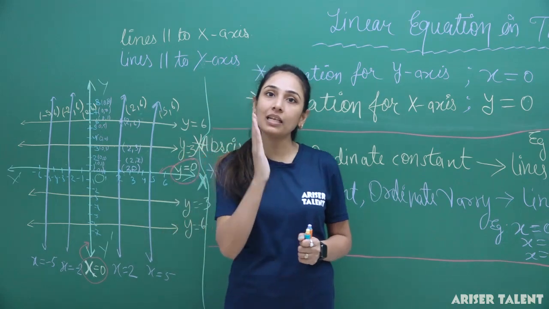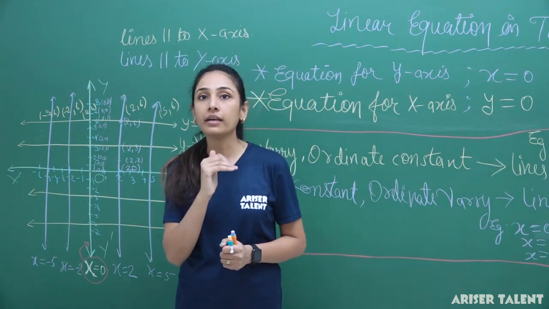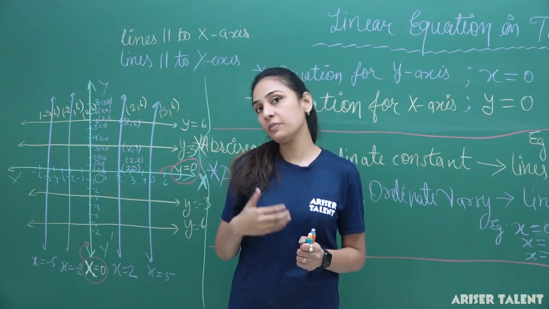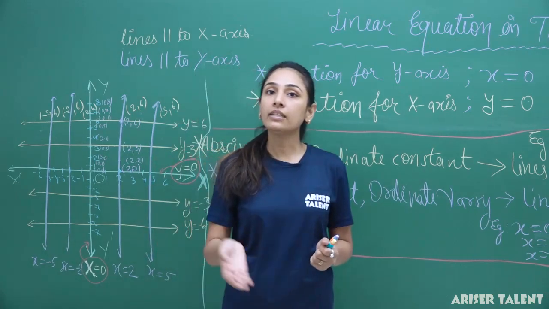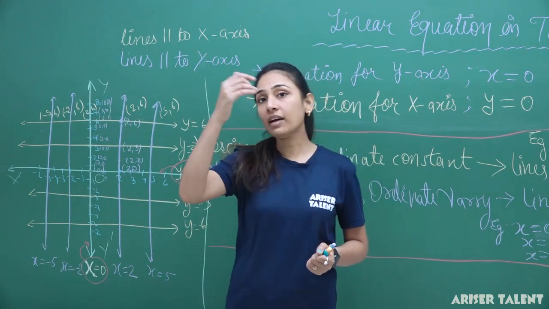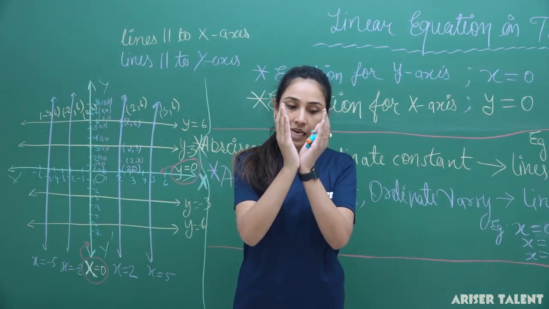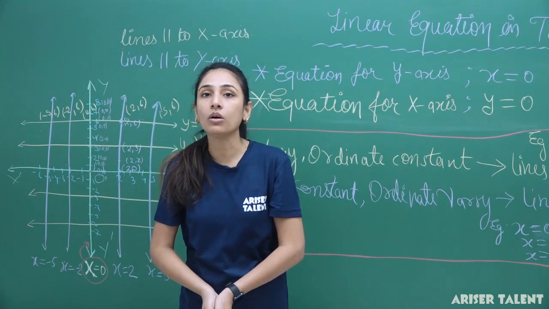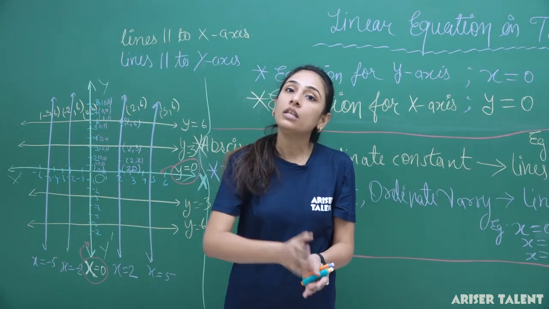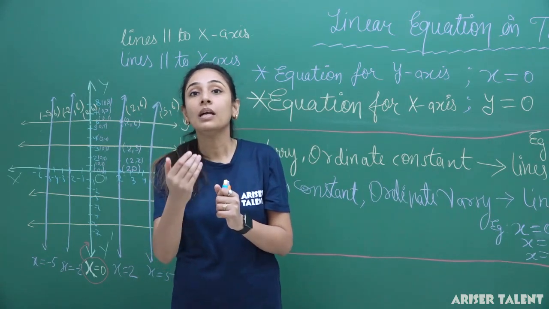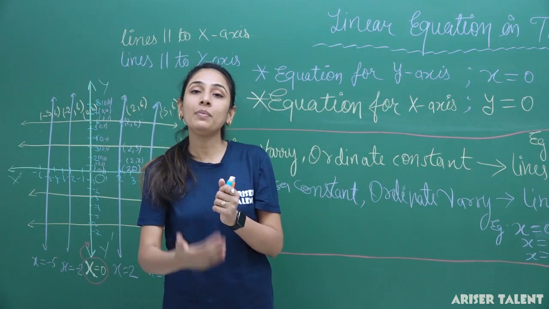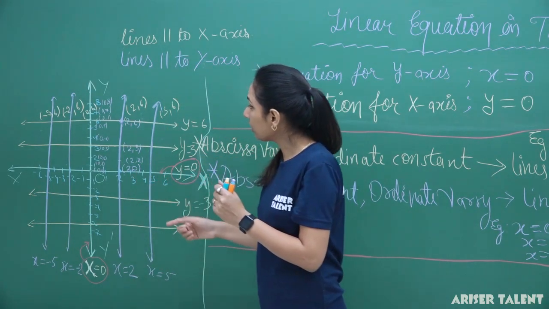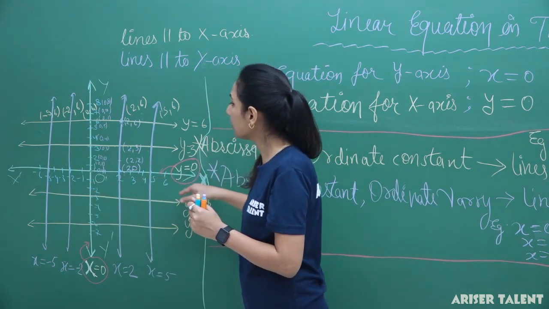When we have lines parallel to the x-axis or y-axis, one coordinate is going to be constant, and the other variable varies. If the abscissa is constant, the ordinate varies, and if the ordinate is constant, the abscissa varies. In both cases, we have lines parallel to some axis, maybe x or maybe y. Now, we have the x-axis and the y-axis.